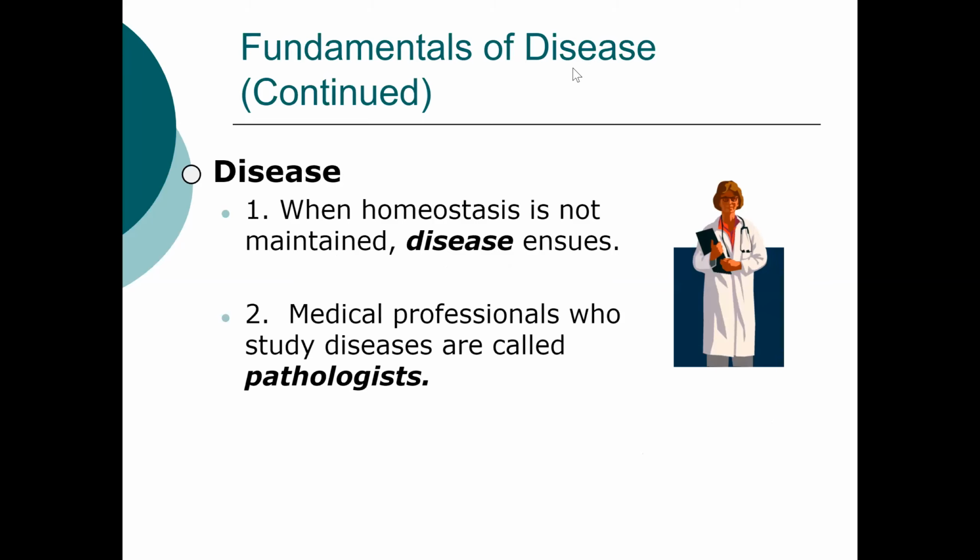Disease. When homeostasis is not maintained, disease ensues. When your body gets out of homeostasis, you become more susceptible to becoming sick, to becoming ill. Say, for example, let's say you get a bacterial infection, okay?